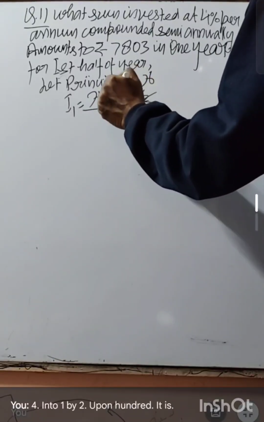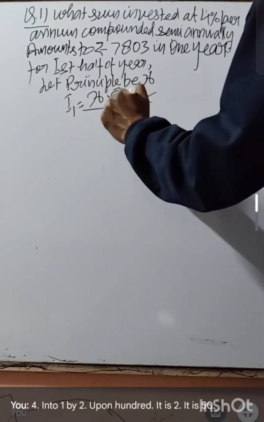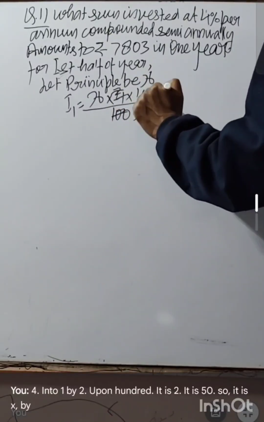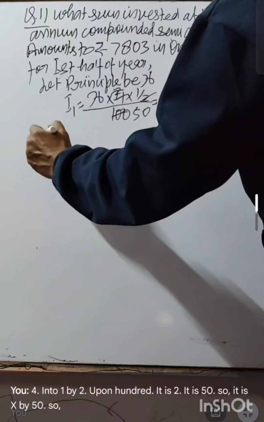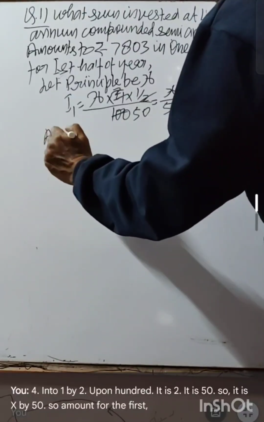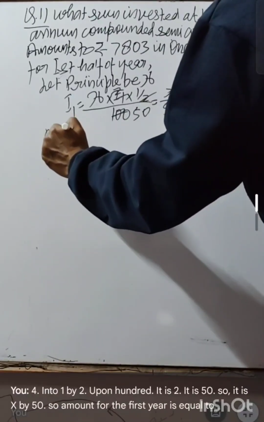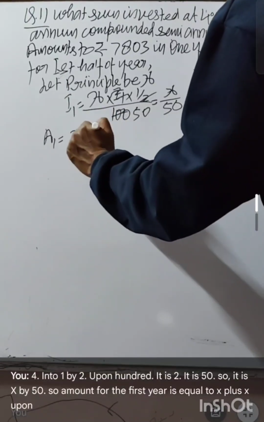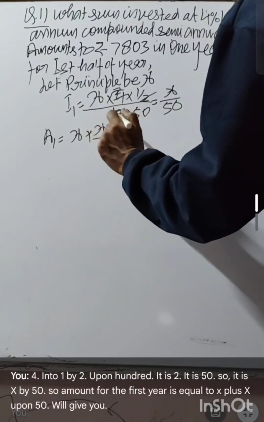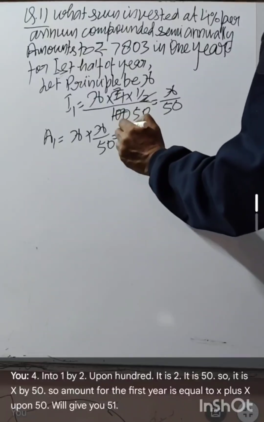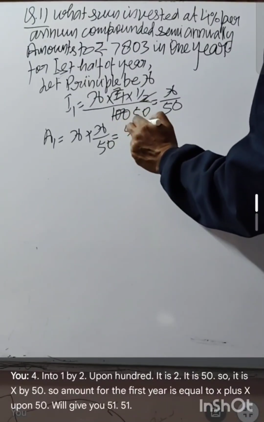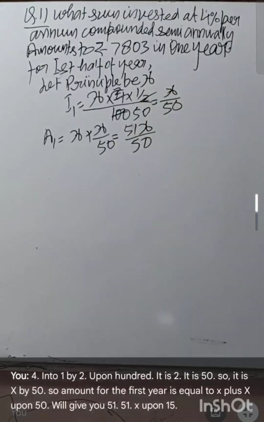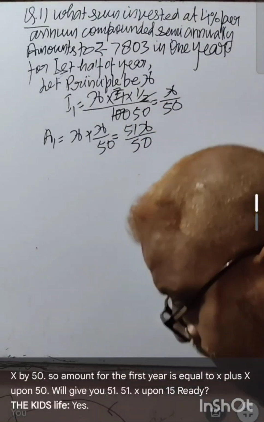It is 2 over 100, so it is X by 50. So the amount for the first half is X plus X upon 50, which gives 51X upon 50. Ready? Yes, sir.